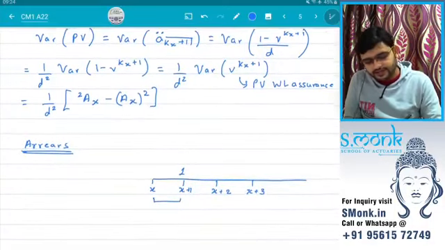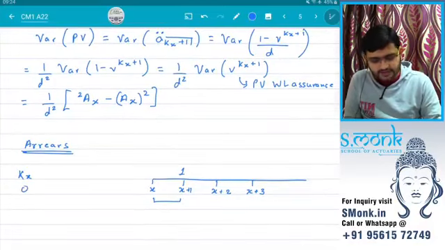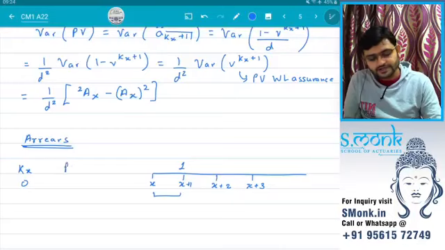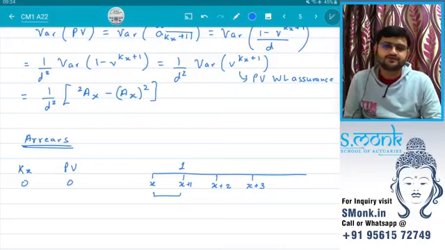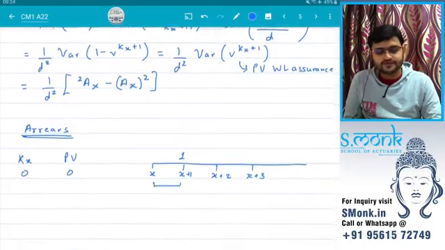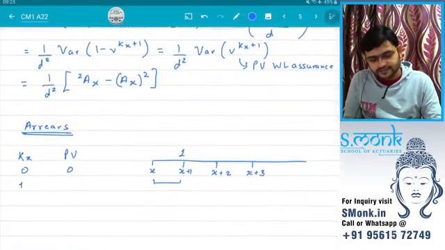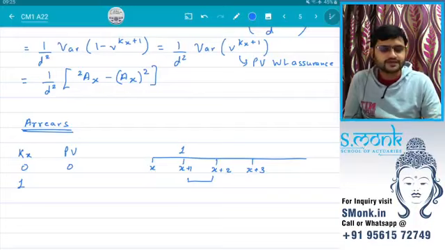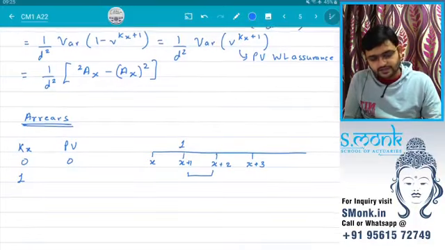When kx is equal to 0, that means the person does not survive the first year. The present value for that will just be 0. There will not be any amount given for a person who does not survive the first year. Then if the person survives the first year, the payment of 1 would be given at the end of the first year, and the person dies in the second year. When kx is equal to 1, the person survives the first year and dies within the second year. So only one payment would be given.